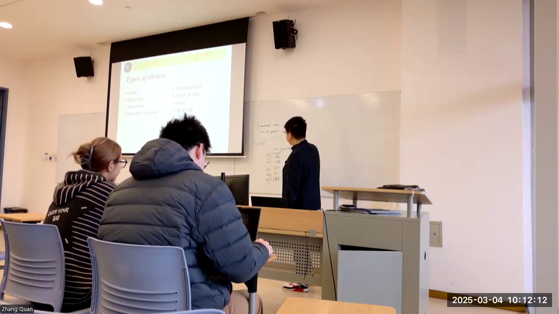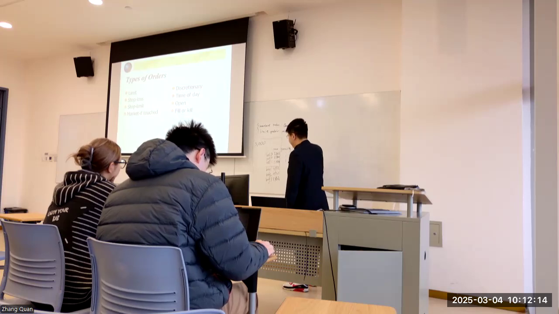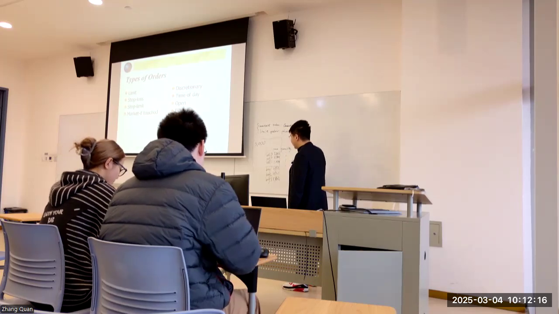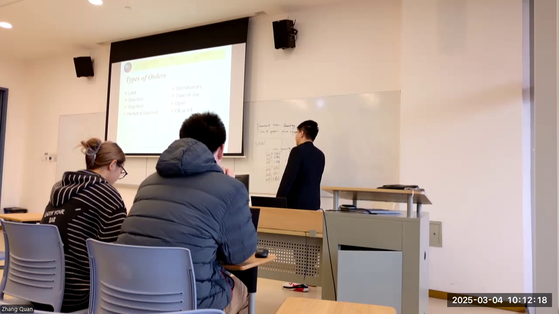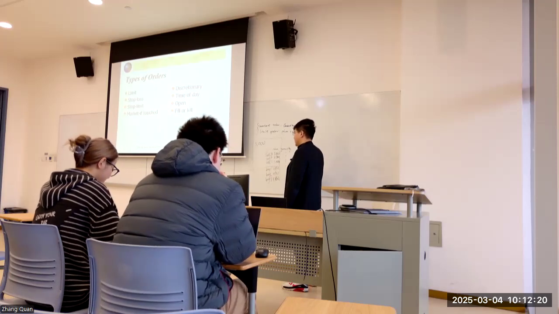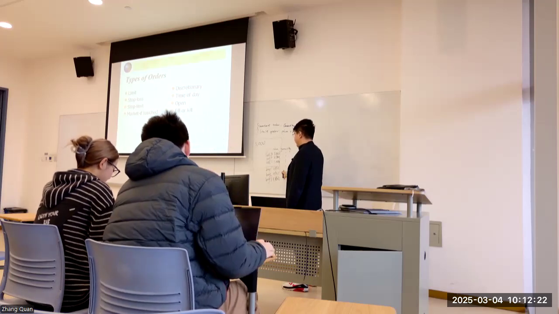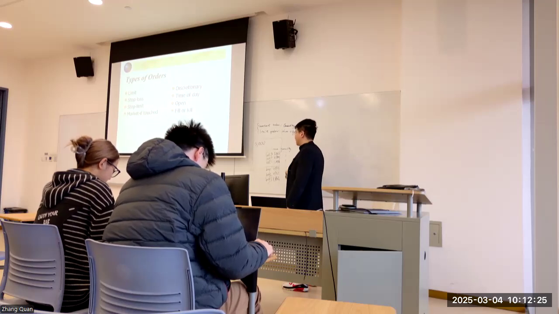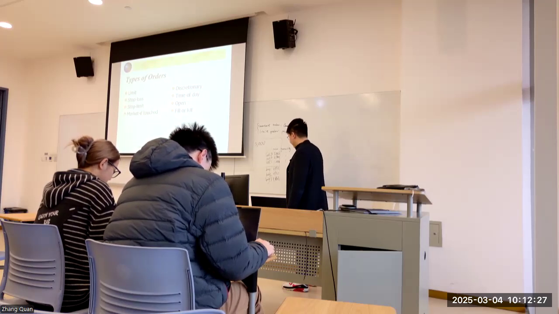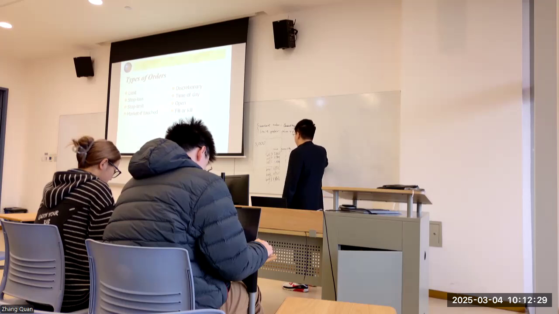But then if the market fluctuates, by some chance it drops a little, some seller would like to sell the shares at the price you indicate here, or even lower. In that case, your order will be filled.